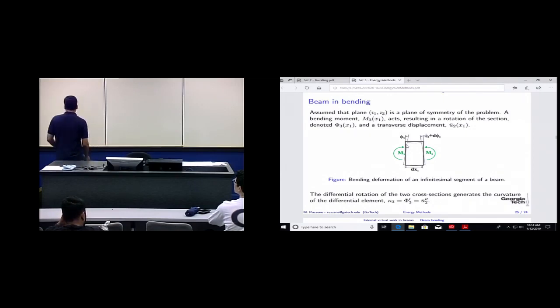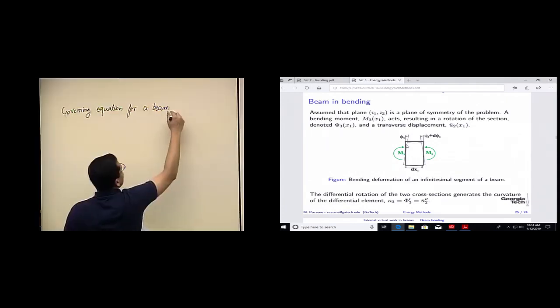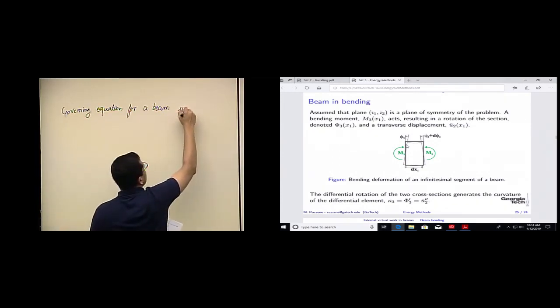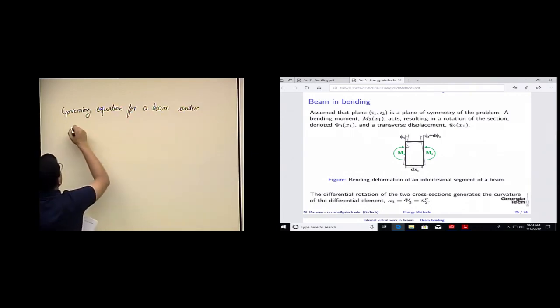But first let's revisit the governing equation for a beam under axial loads.